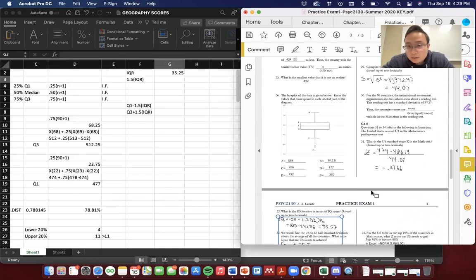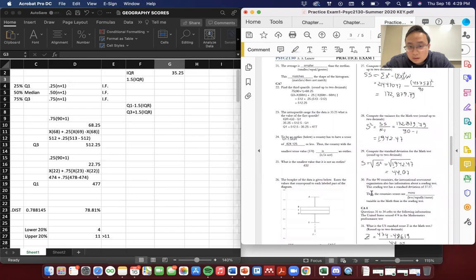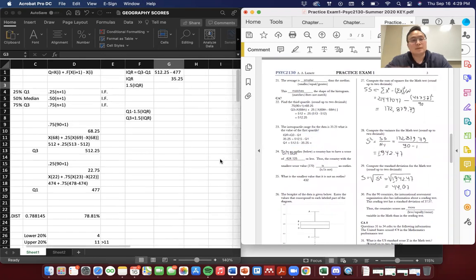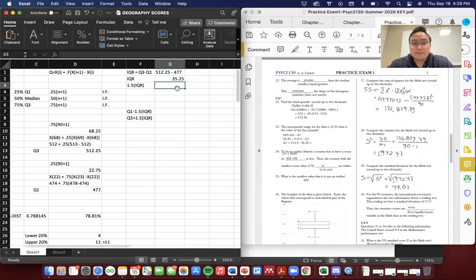What were we doing? We were doing this interquartile range. So we got the interquartile range, right?